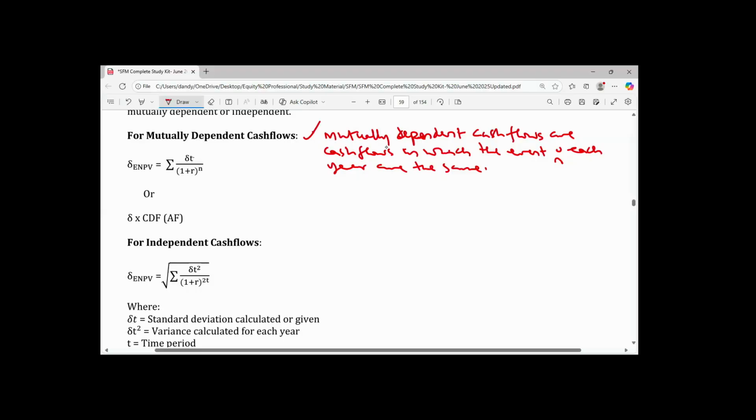Where you are asked to calculate standard deviation of NPV, the examiner will not tell you they are mutually dependent. It is implied in the question. The examiner expects that you know it. Once you can see that the cash flow of each year is the same, it means that they are mutually dependent.